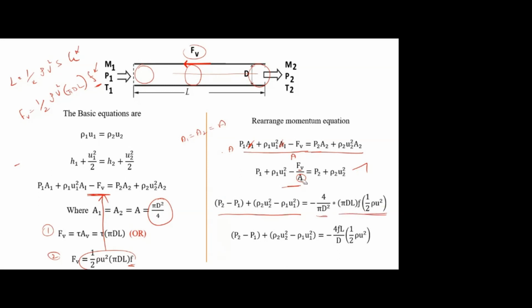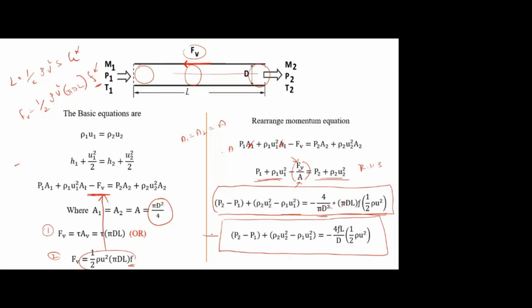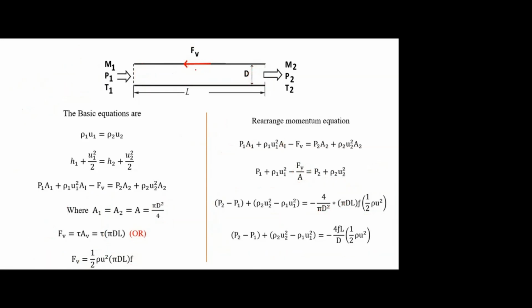That's it. These two terms I am taking to the right hand side, and on the left hand side I'm substituting the Ff value, so I'm getting this equation. If you simplify further, pi d etc., this will be my final equation. Here they are taking one small shaded region.